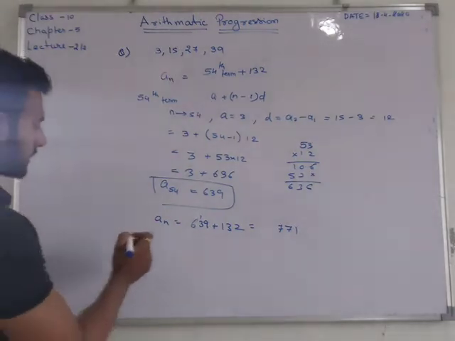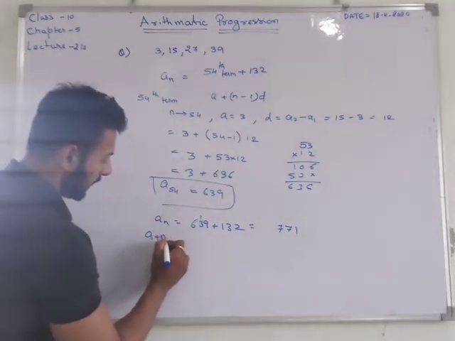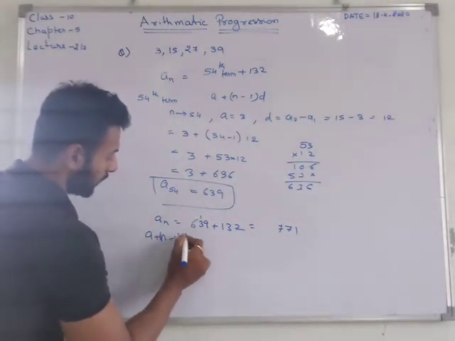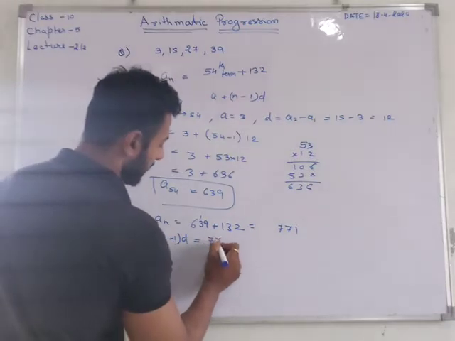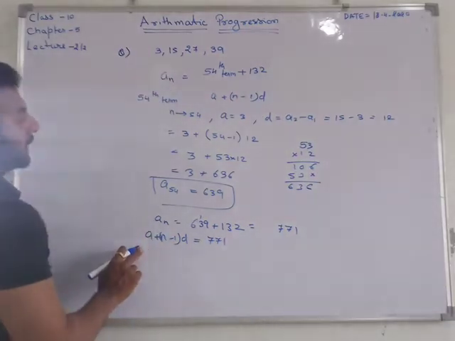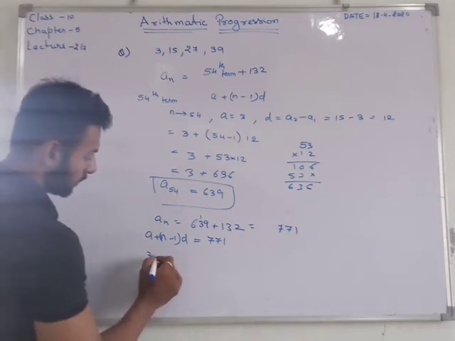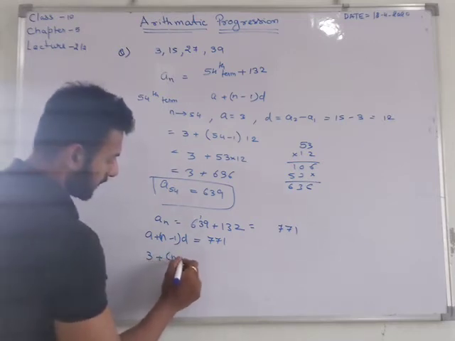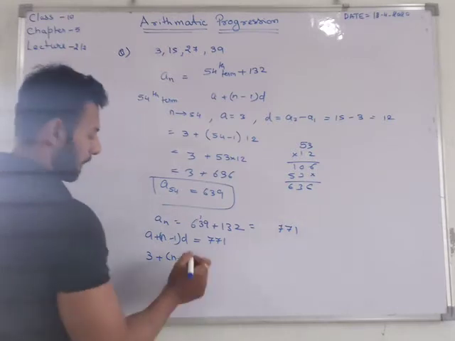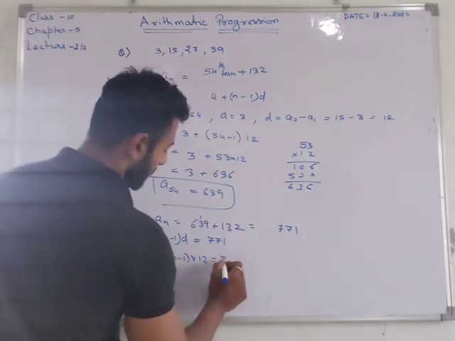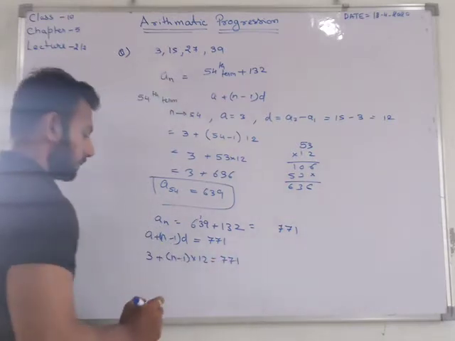An can be written as a plus n minus 1 into d is equal to 771. A is 3, substituting the values of the unknowns: 3 plus n minus 1 into d, which is 12, is equal to 771.